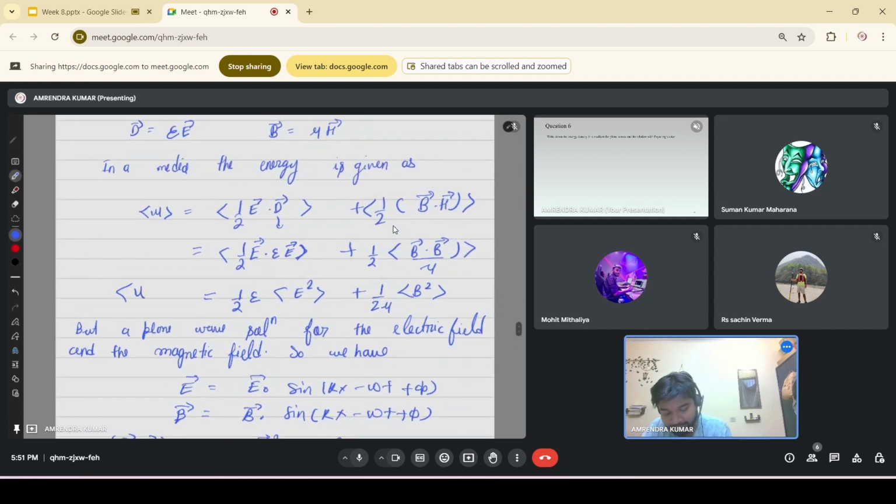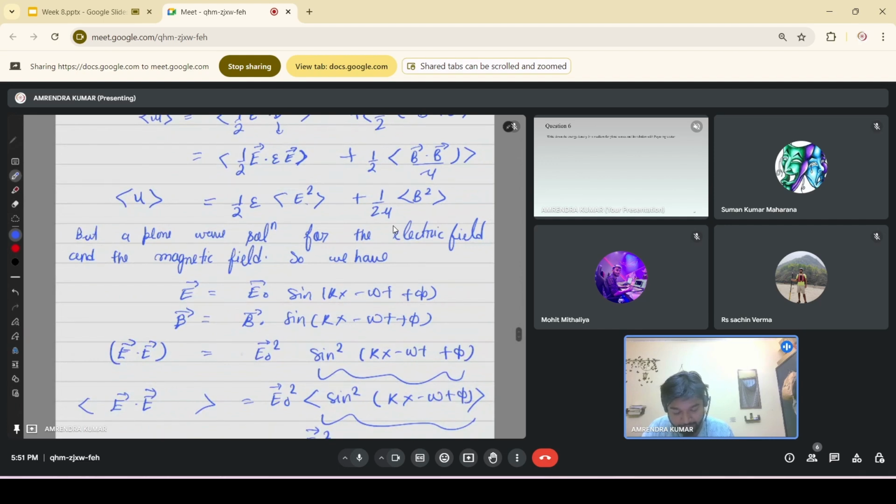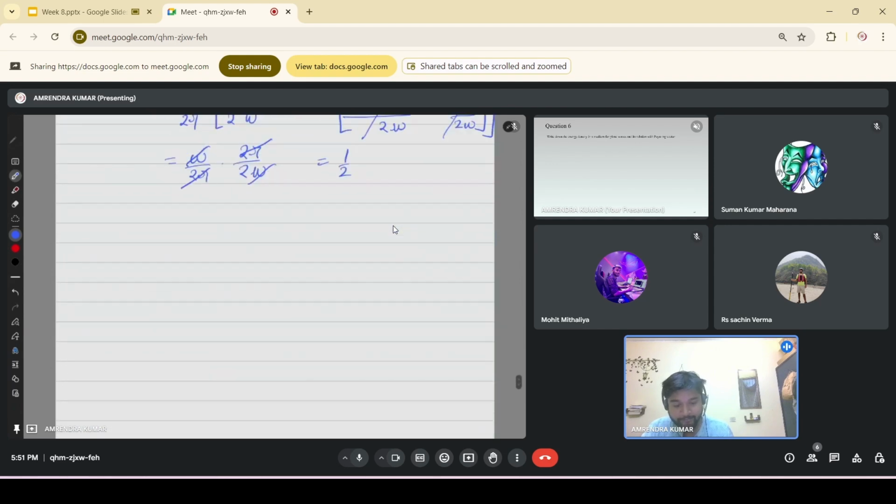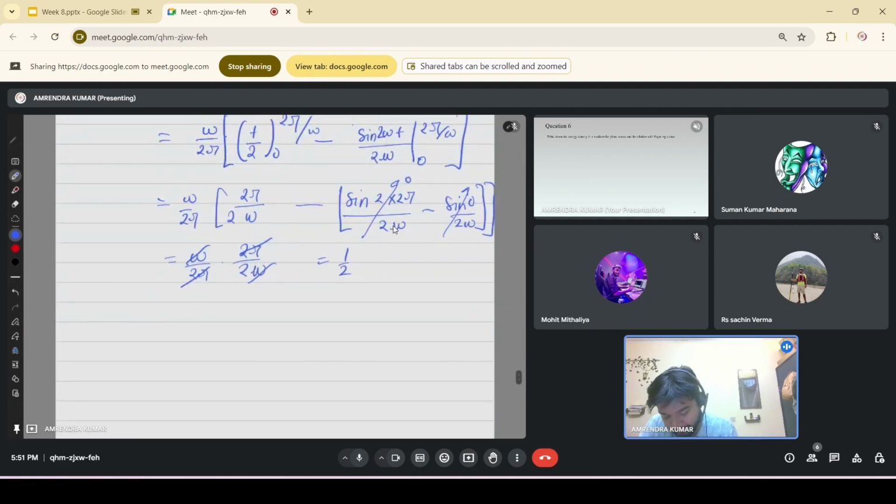Whatever integral you are calculating here is for the energy density, because these functions are calculated here. So this is also E square, right? You can see the proportionality is to sine square with the amplitude out, and we got the average as 1 by 2. Let me write that again. What you are doing is 1 by 2 epsilon E vector square plus 1 by 2 mu B vector square.